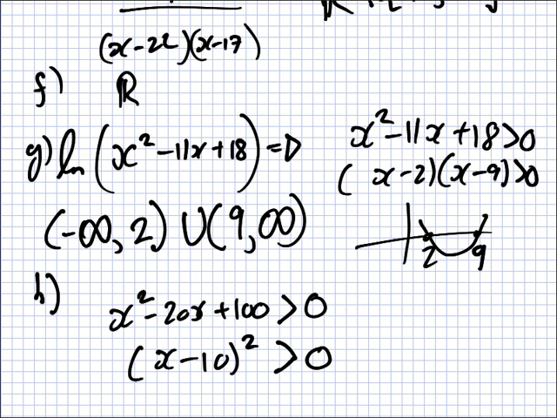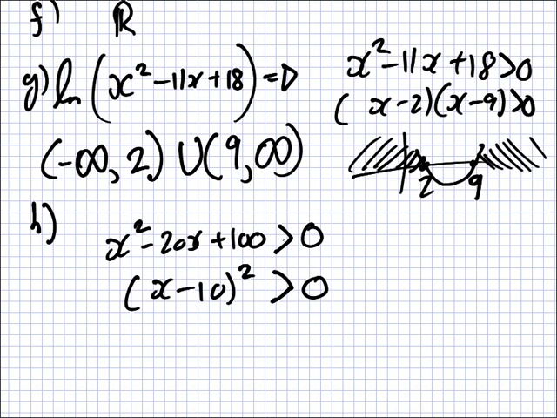Because it's this one, and this one, without 2. We have to draw it. For H, this is always true. So that actually means you can use any x in H.